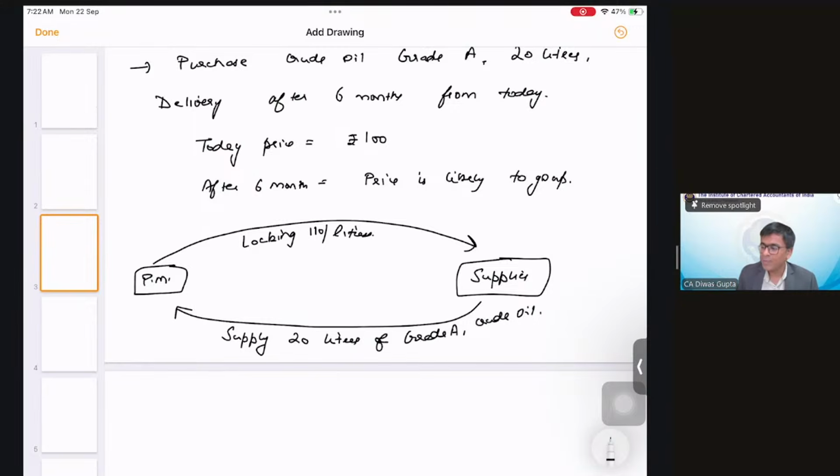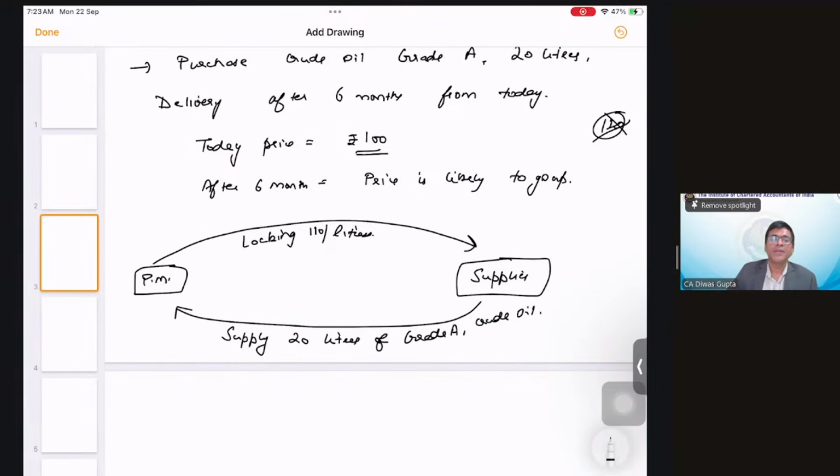Now you would be thinking, why so? Because the current price is 100. After 6 months, the price would have been, let's say, 120. But this procurement manager is able to convince the supplier to supply at 110, which is slightly higher than 100 rupees. Now, this is actually taking the form and shape of a forward contract. Why forward contract?